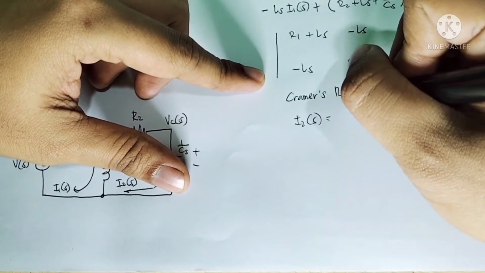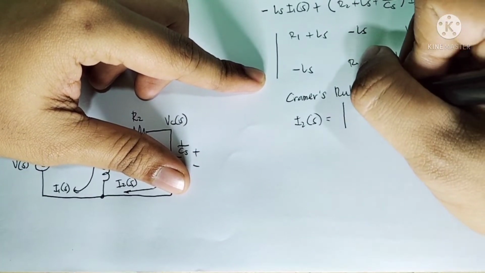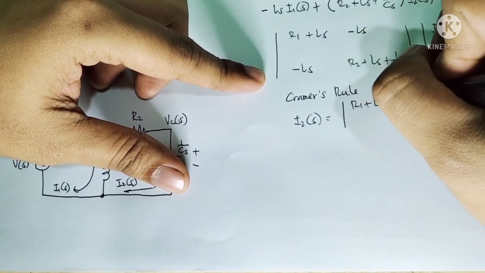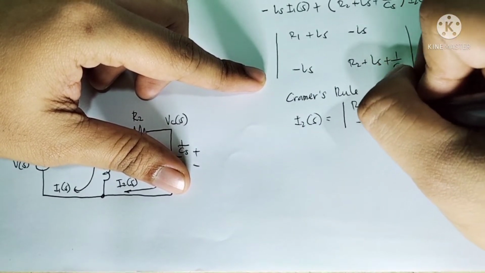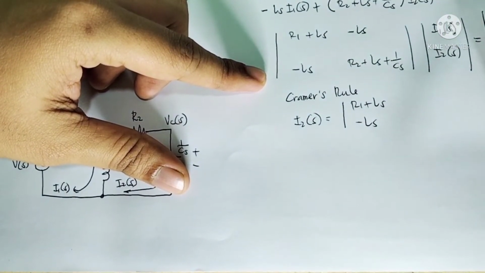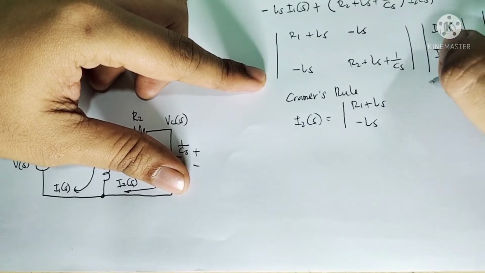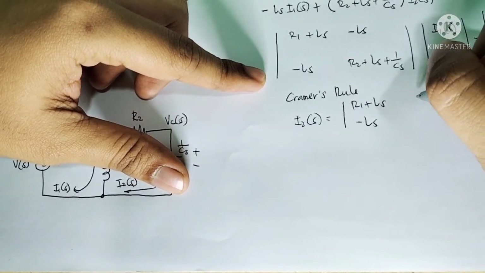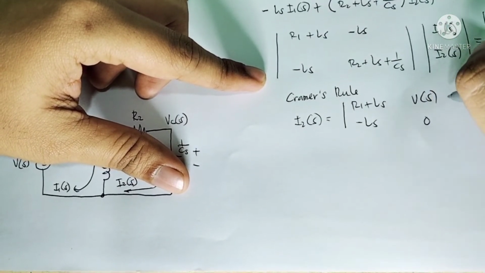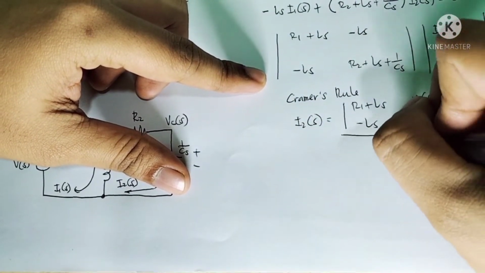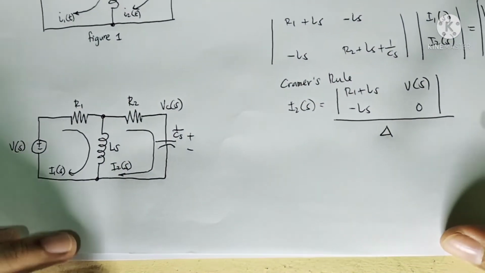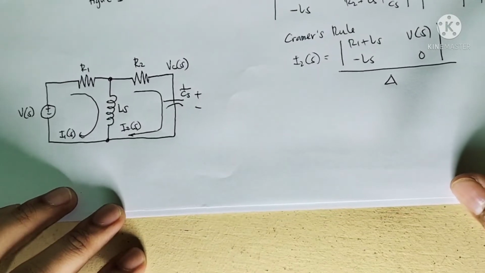Therefore, by Cramer's rule, this will be R1 plus Ls, minus Ls, and then the constants V as a function of S and 0, divided by the delta.